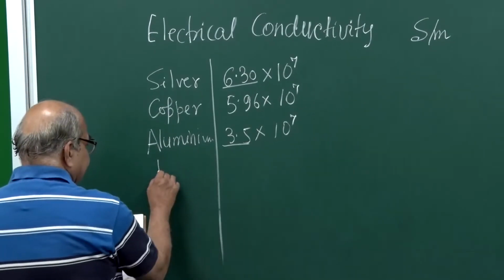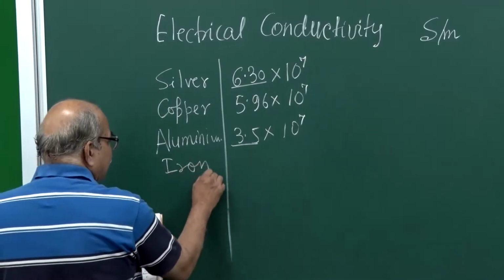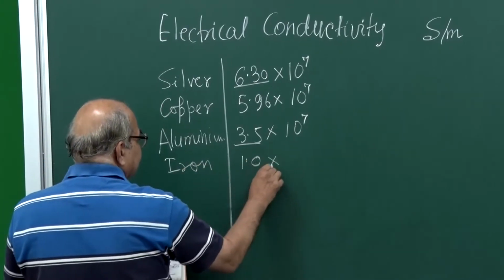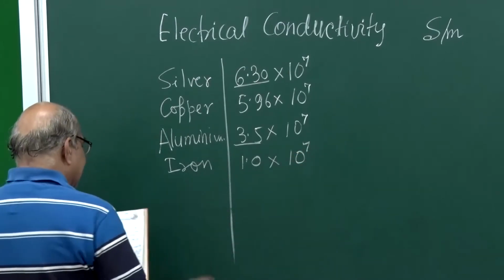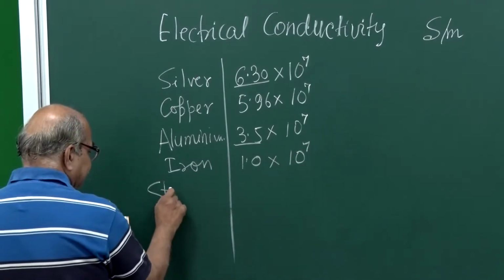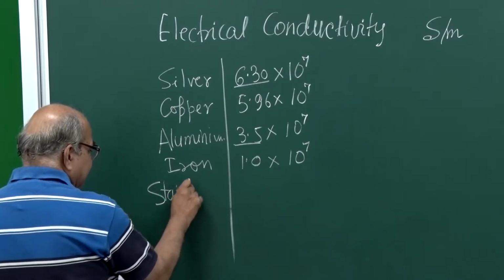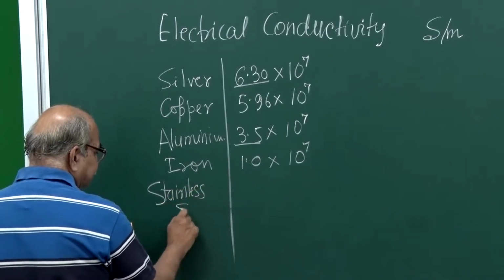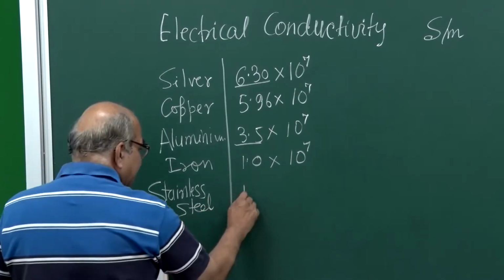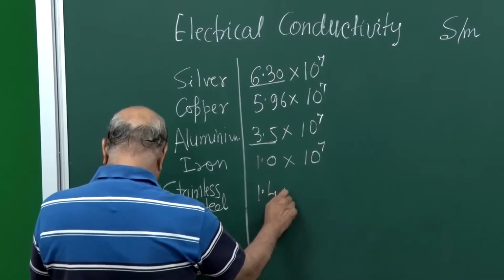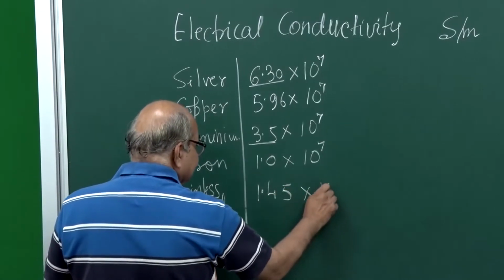Iron is 1.0 times 10 to the power 7, even lower. Stainless steel, the conductivity is 1.45 times 10 to the power 6.